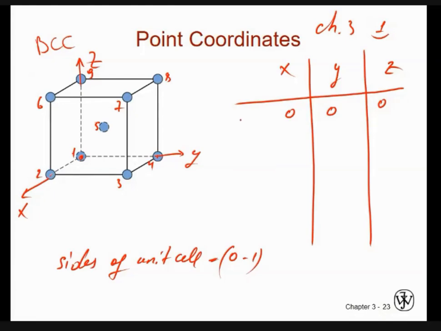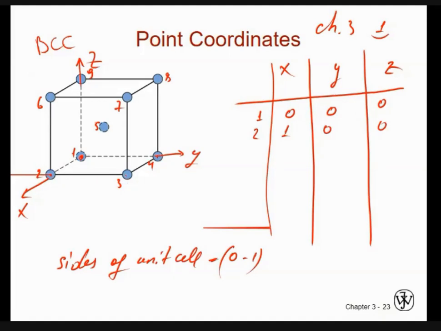So for atom number 2, point coordinates will be: its x coordinate will be 1, so from 0 I move in the x direction to 1. It doesn't have a y coordinate, it will be 0, and z will be 0.